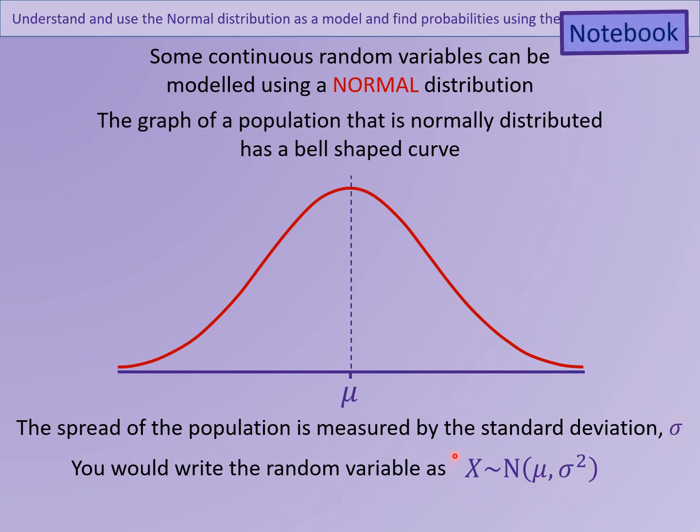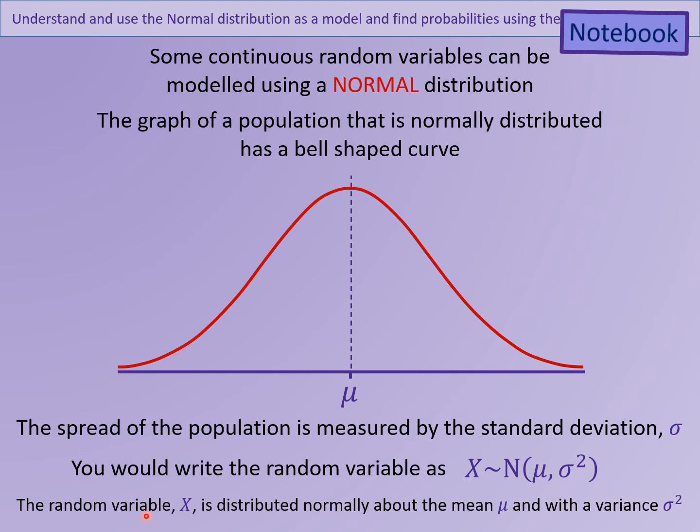So it's important to remember that when you come to writing down your distribution, like you're used to with binomial distribution, when you write it down for normal, it's always the mean and the variance. Okay, for binomial, it's the number of trials and the probability of success. It's different for different distributions, so just be aware of that. So a random variable X is distributed normally with a mean mu and a variance sigma squared, like I just said. But just pause until you've got your notes down.